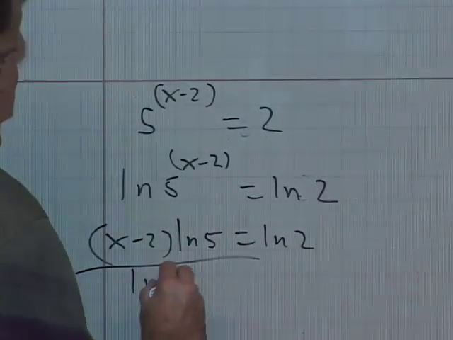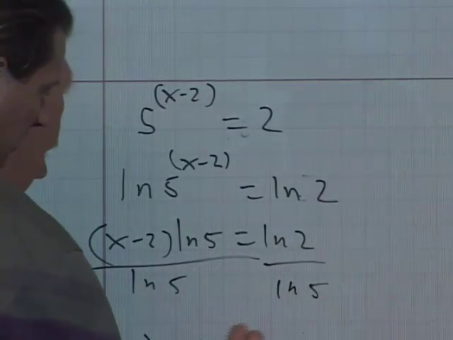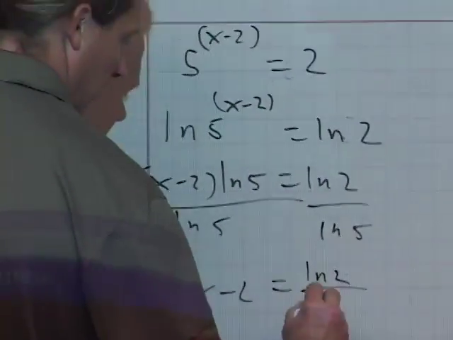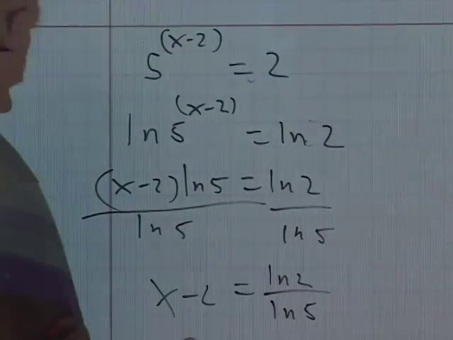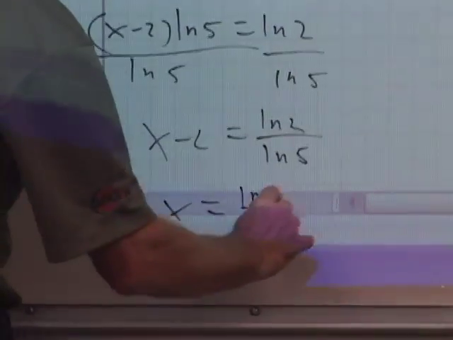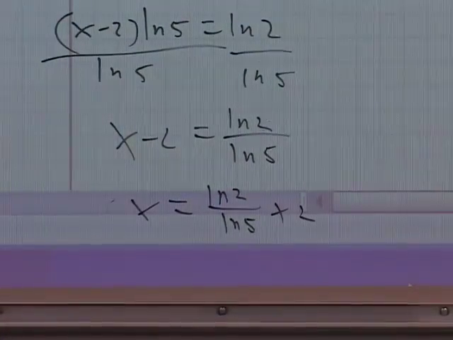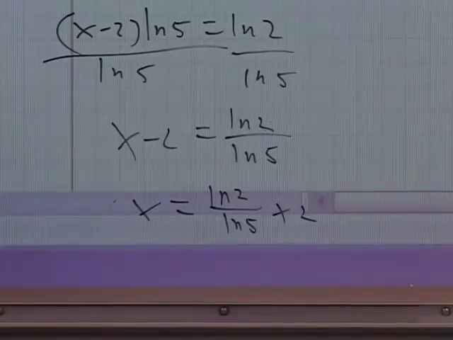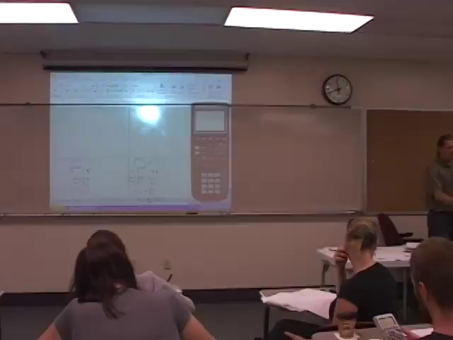And I divide by the natural log of 5 to get x minus 2 equals the natural log of 2 divided by the natural log of 5. And finally, to get x all alone, ln of 2 over ln of 5 plus 2. Entirely different problem, very similar. Okay.